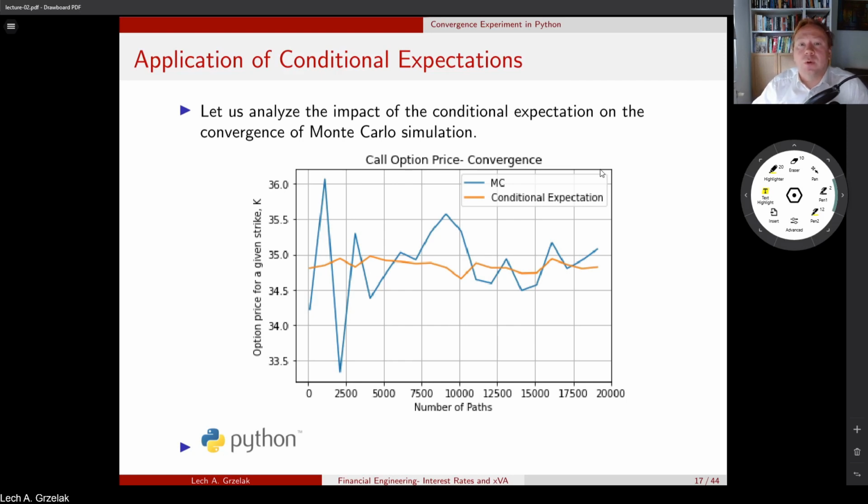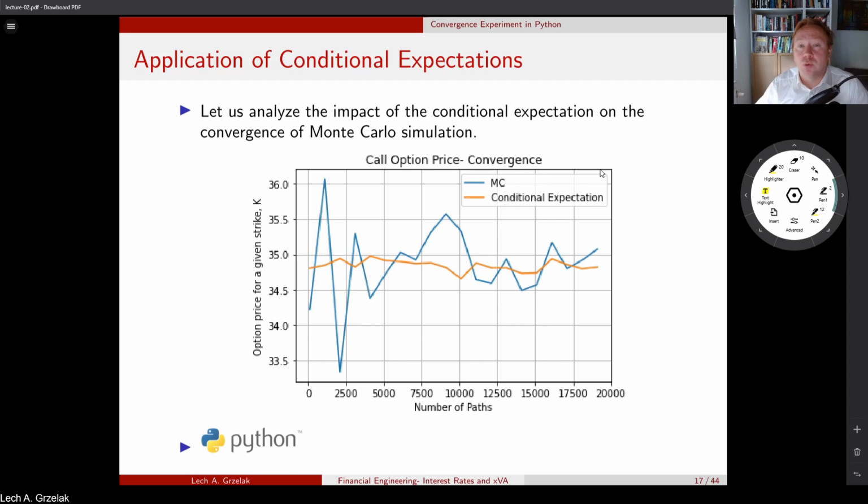Now is the moment where we would like to quantify the impact of applying the tower property for expectations in Monte Carlo simulation. As we have just discussed, in order to price the Black-Scholes model with jumps, so a random variable for volatility, we have two options.